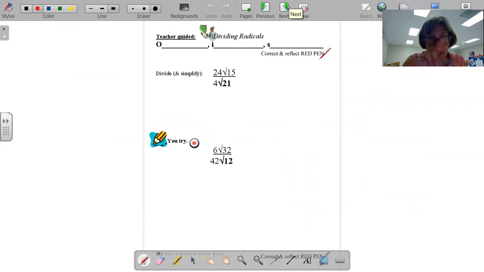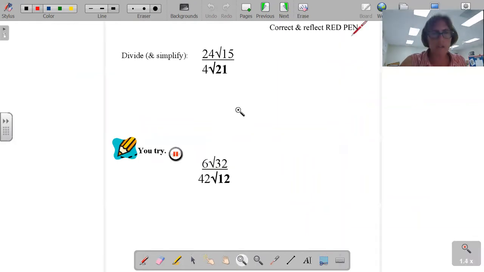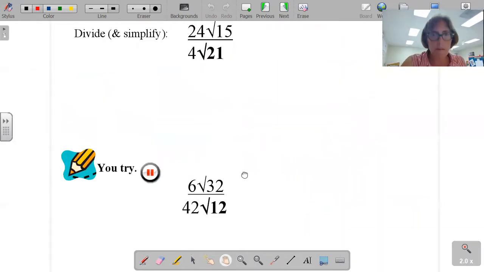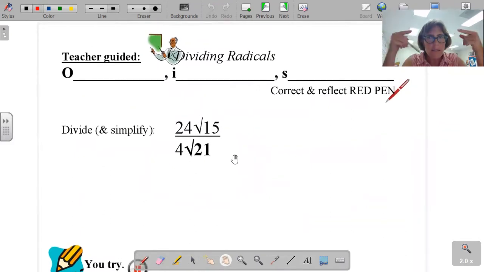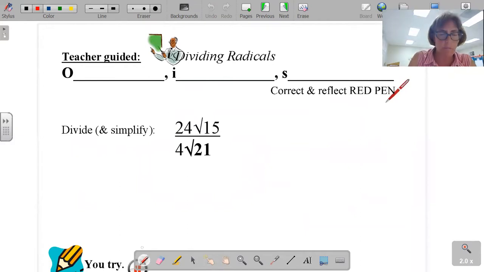Dividing, same format. Outies, innies, simplify.